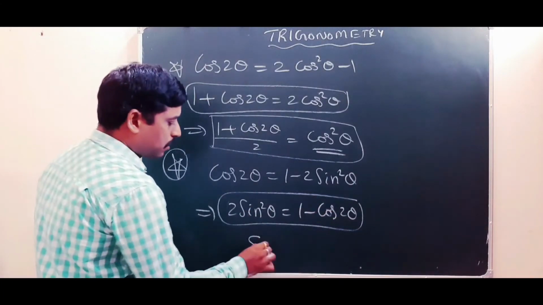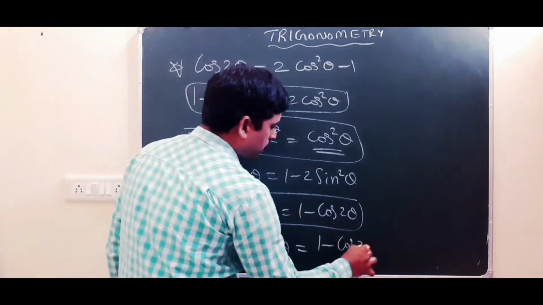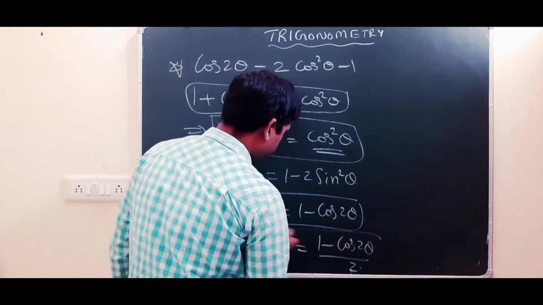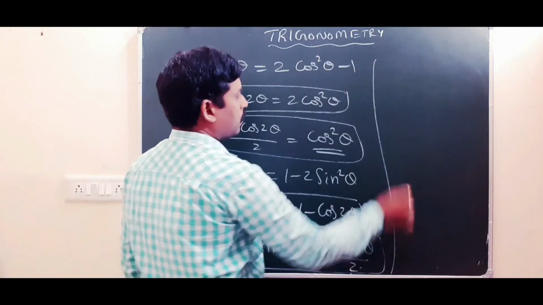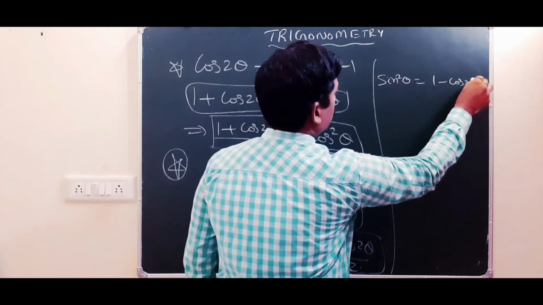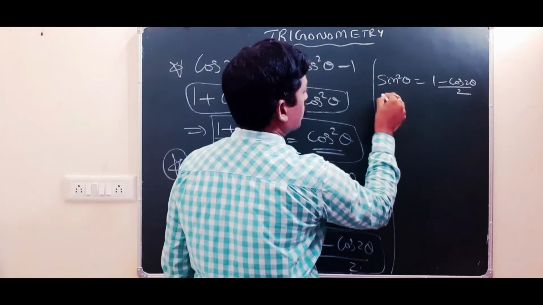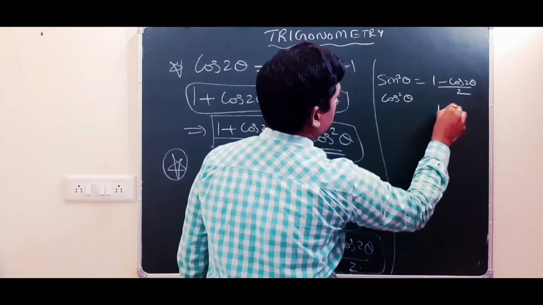So sin square theta equal to, divide 2 on both sides, 1 minus cos 2 theta by 2. Okay. Now, what is sin square theta? 1 minus cos 2 theta by 2, and cos square theta is 1 plus cos 2 theta by 2.